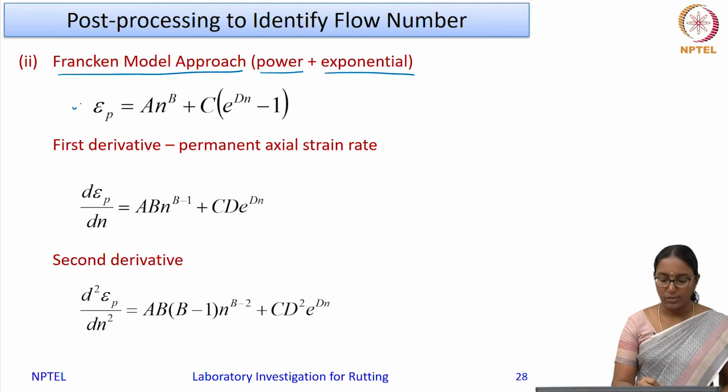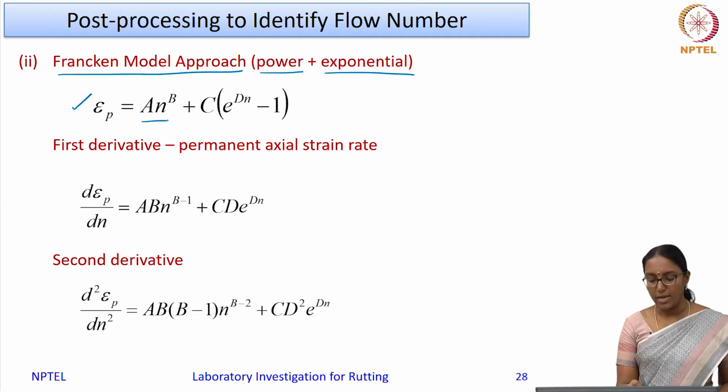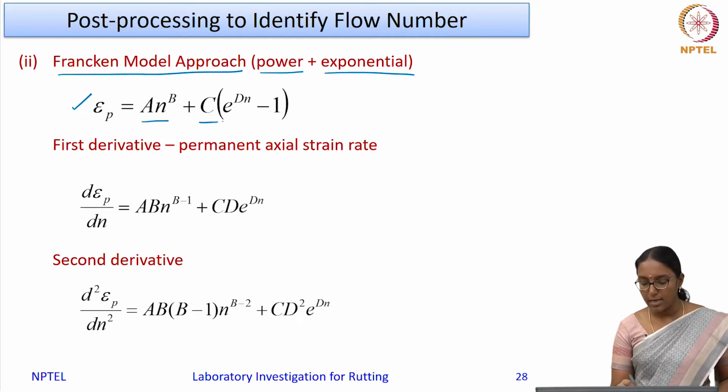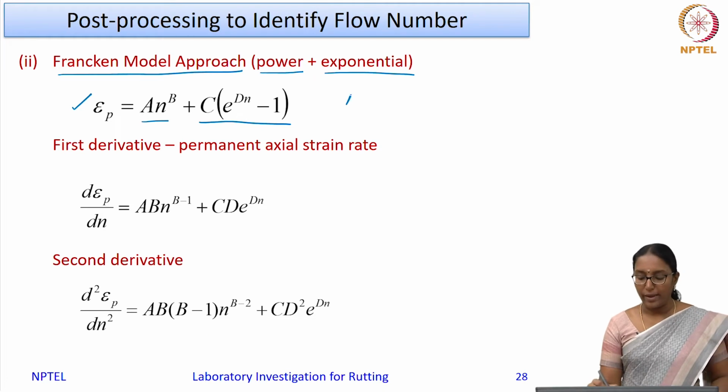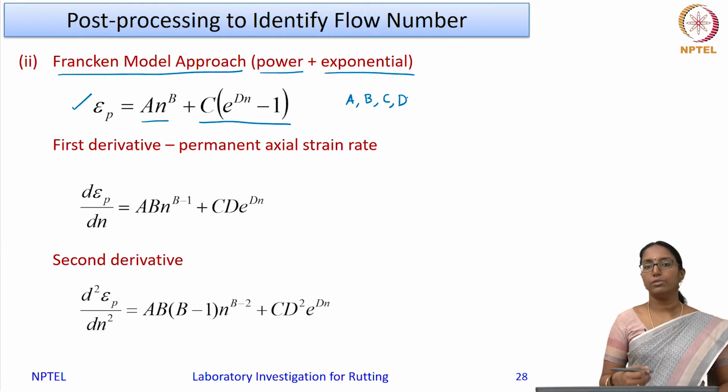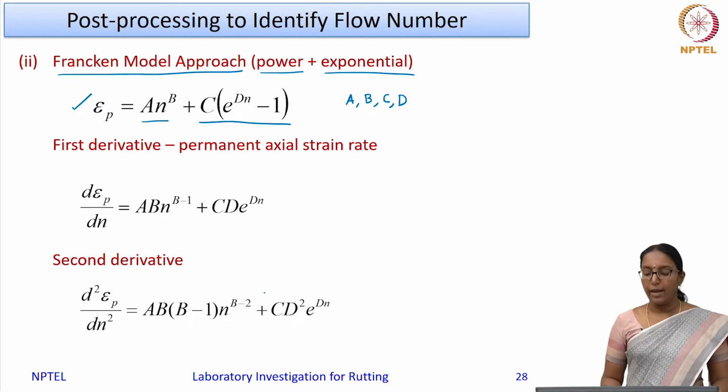As you see here, the permanent strain is given by A n raised to b, which is the power law, and C (e raised to dn minus 1) is the exponential equation, where A, B, C and D are the regression coefficients.